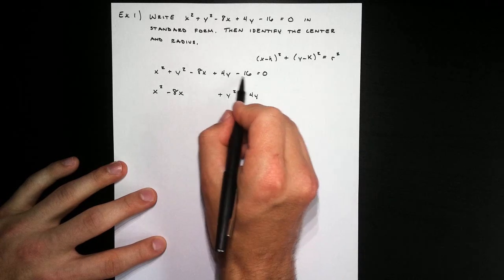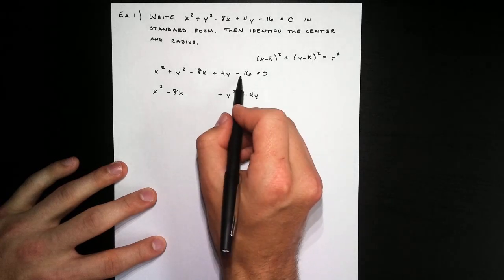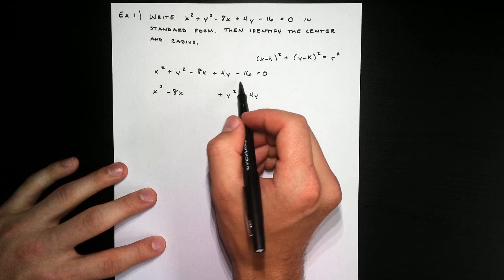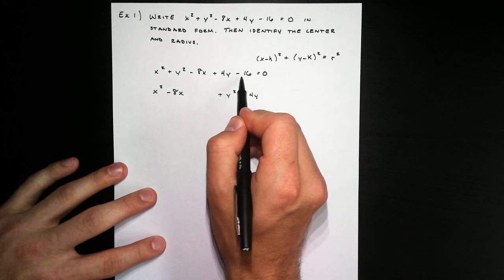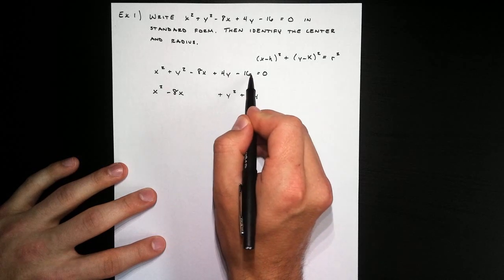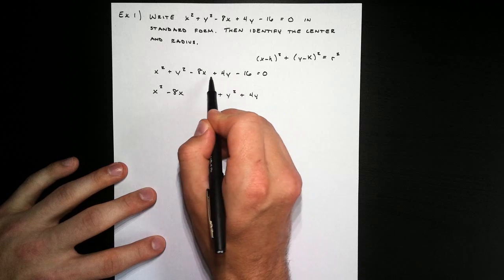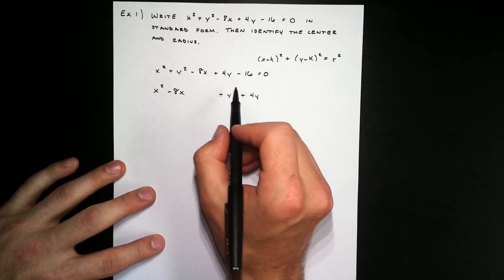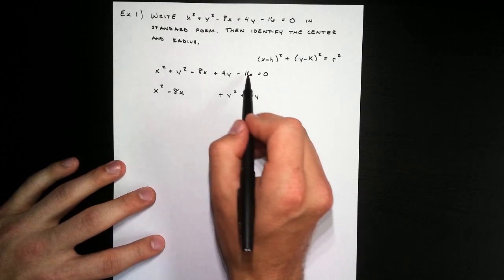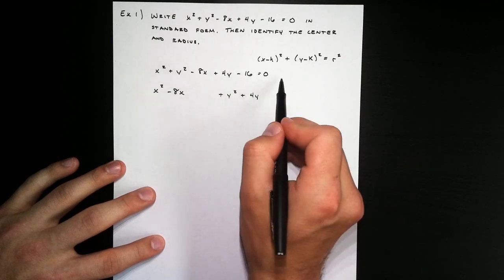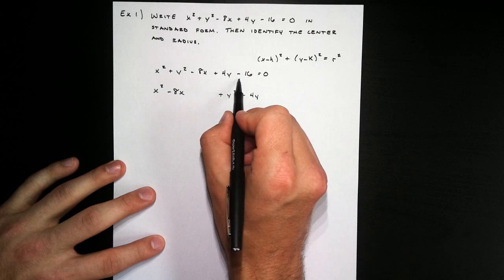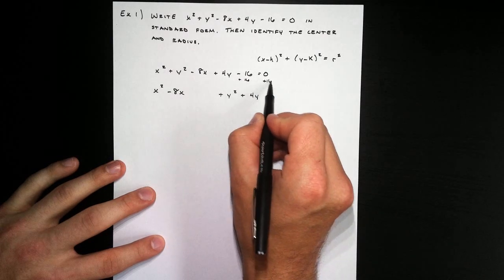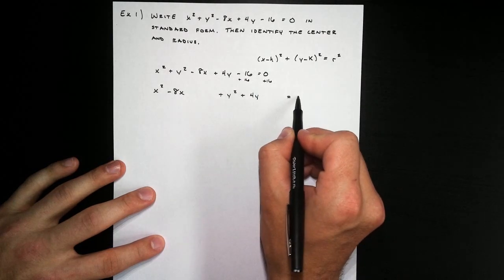And then this constant 16, in general, whenever we're doing this, this constant doesn't really help us out. So I'm just going to move that over to the other side. I'm going to add 16 like this, so then this is equal to 16.